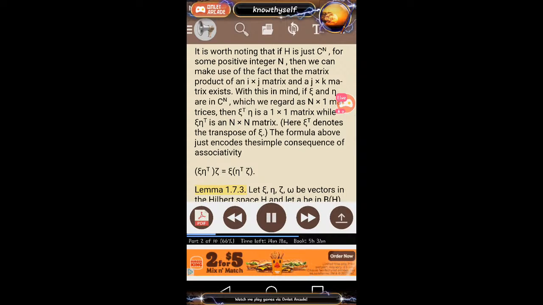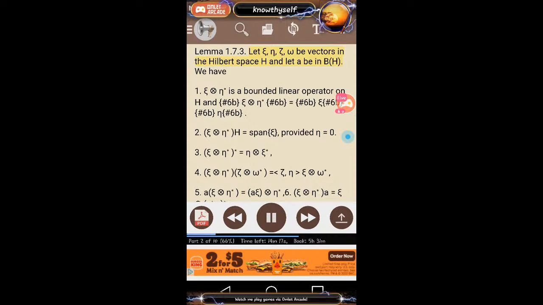Lemma 1.7.3. Let xi, eta, zeta, omega be vectors in the Hilbert space H and let a be in B(H).